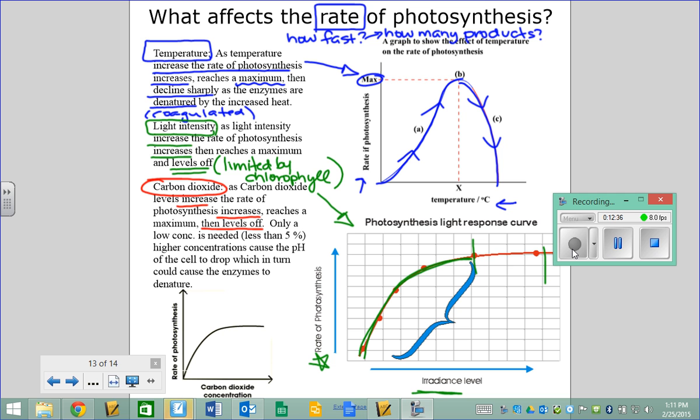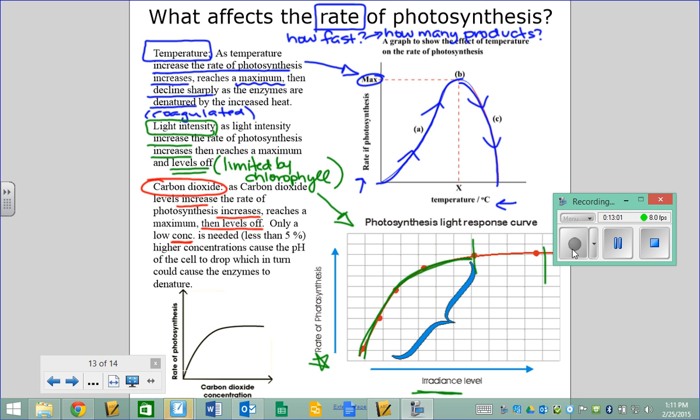Now the thing with carbon dioxide is that you don't need an incredibly high concentration of it, because if the concentration gets too high, other things can happen. So we only need a low concentration. That's my abbreviation for concentration there. Less than 5%, but I wouldn't expect you to memorize an actual number.